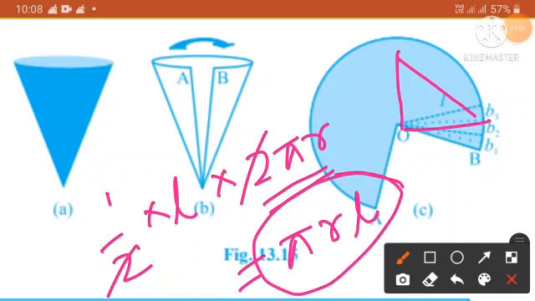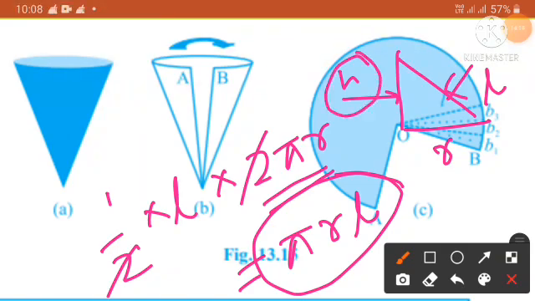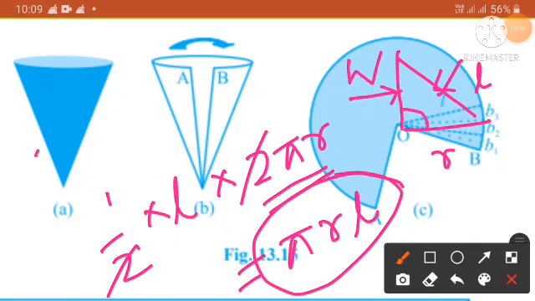Now we know that for a right angle triangle, there is the height, the base, and the slant height, which is L. So we know hypotenuse square is equal to height square plus base square. So here L square, the hypotenuse square, is equal to height square plus base square.